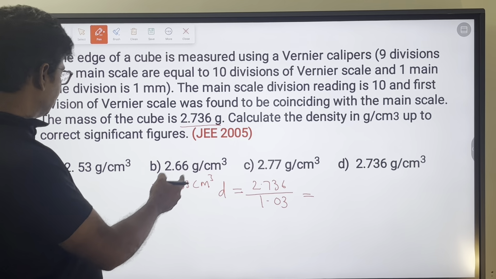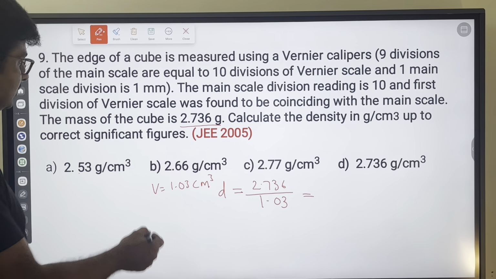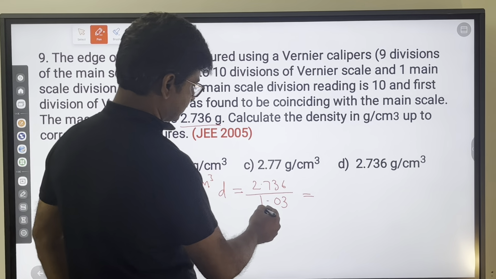So you can take the first decimal. Anyhow, the first decimals are different: 5, 6, 7. So let's check with the first decimals now.